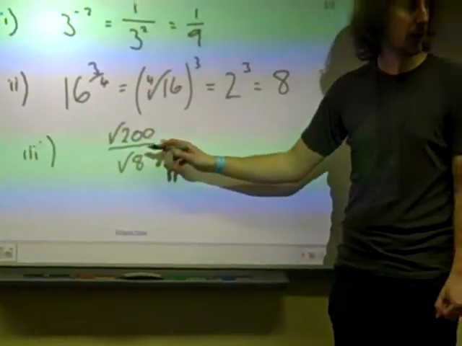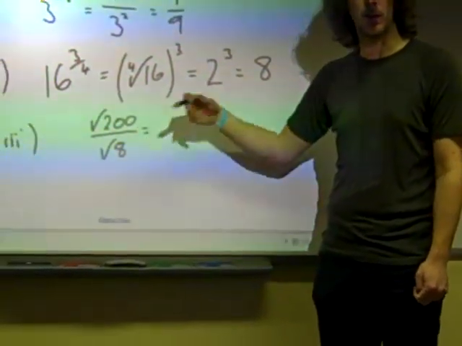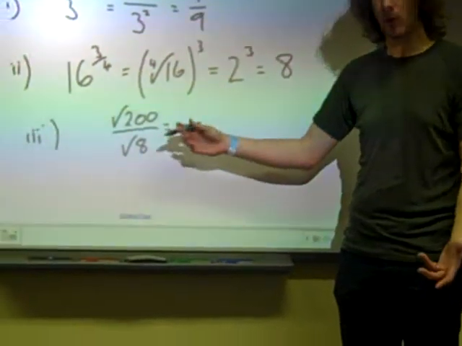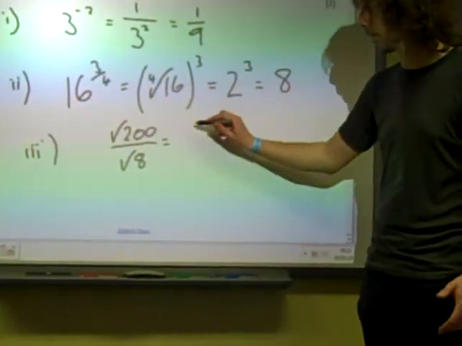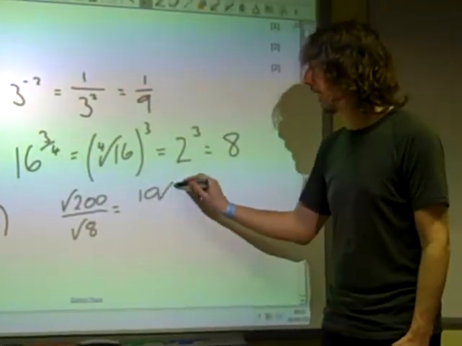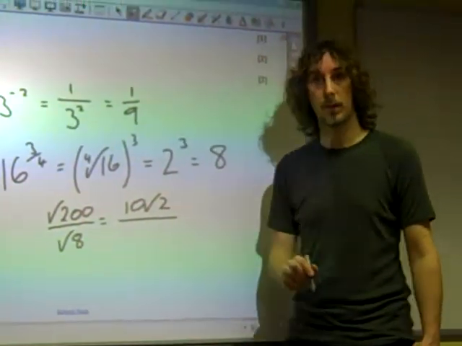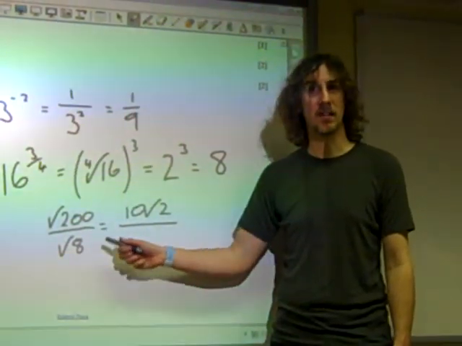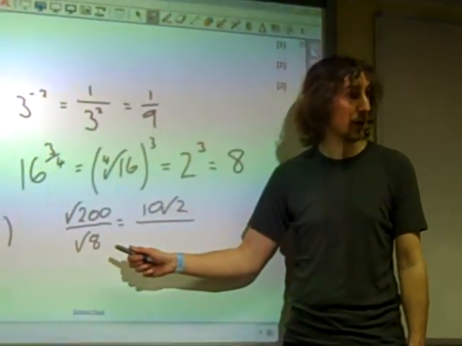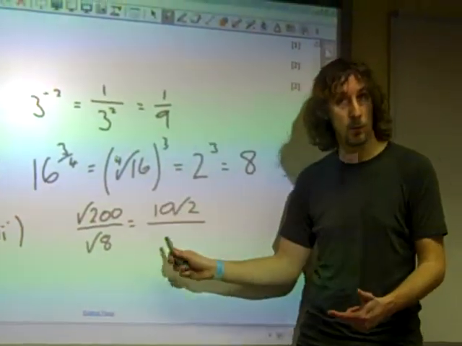Now 200, what's the biggest square number that goes into 200? Well, it's 100, isn't it? So that's root 2 times root 100. So it's 10 times root 2. And root 8, what's the biggest square number that goes into 8? It's 4. So that's root 2 times root 4.